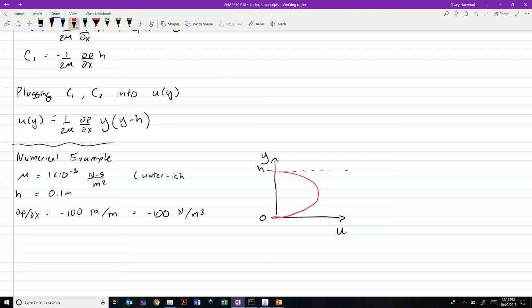It's going to be a parabolic velocity distribution with a maximum of 125 meters per second. And so then, for example, if we said to compute the flow rate across a certain area, you have all of the numbers necessary to do so. So this is the very guided example.